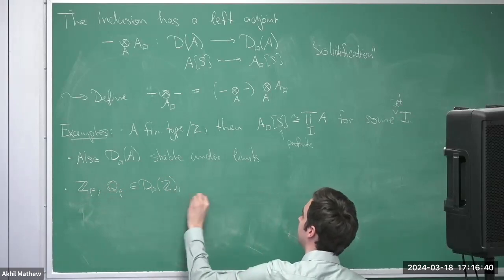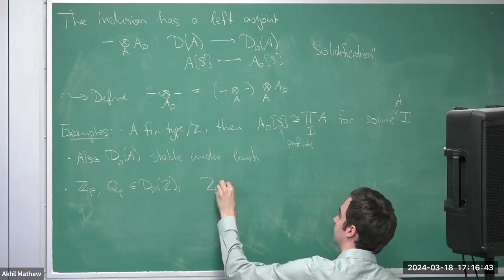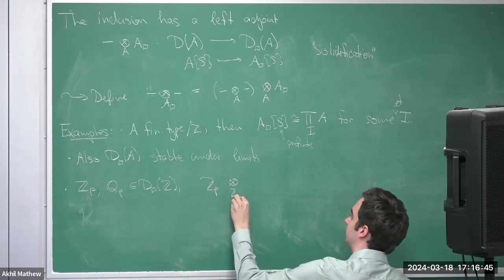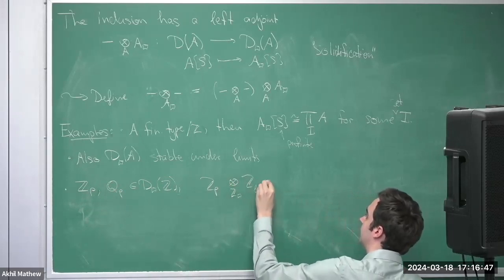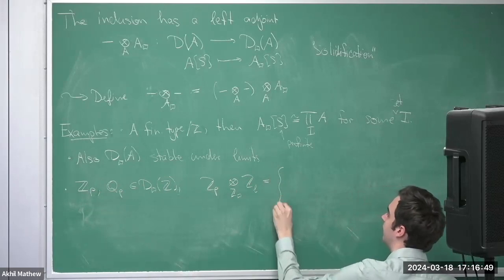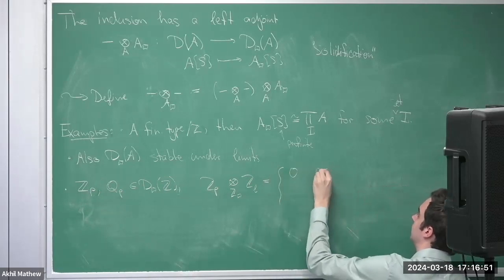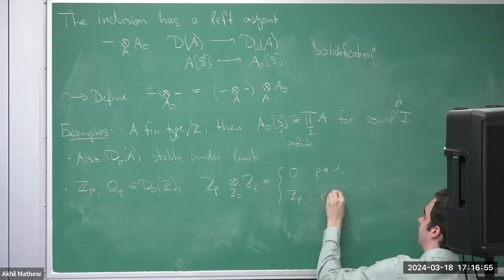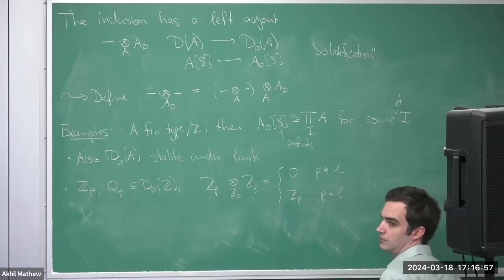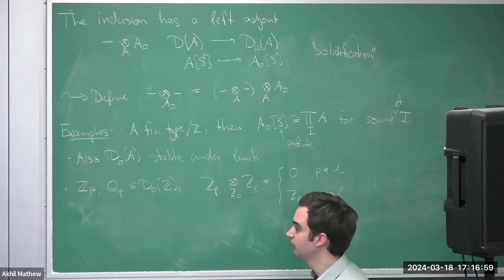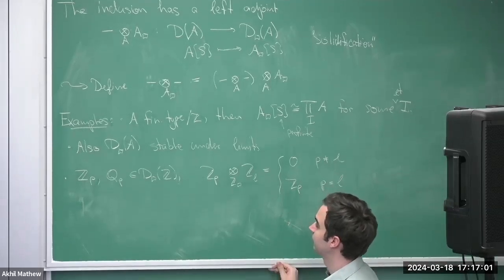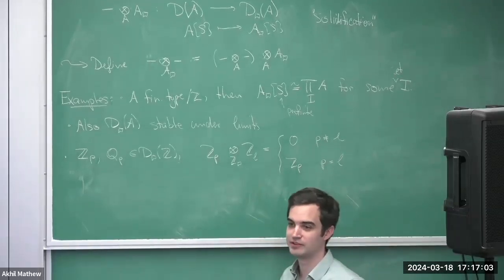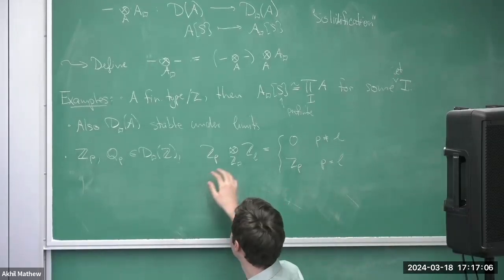And if I make the solid tensor product, then this is 0 if p is not equal to l, and that's Z_p otherwise. So that's the easiest case, and also maybe something that hopefully convinces you that this is not a stupid theory. So it does what we want, right?